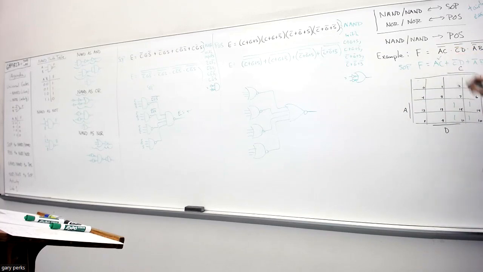How about the next term, not CD? Where are the ones going to go for that term? This column here. Right here, we have 4 ones. This is the not C column, it's also the D column, so that's correct.